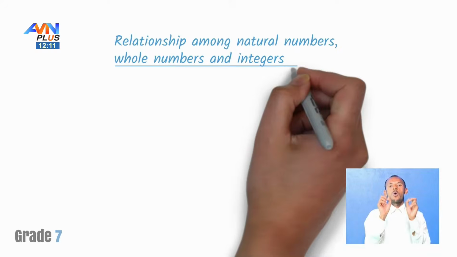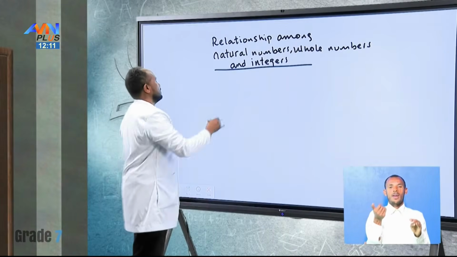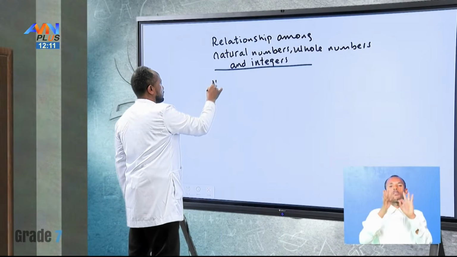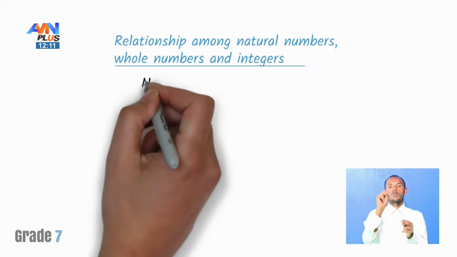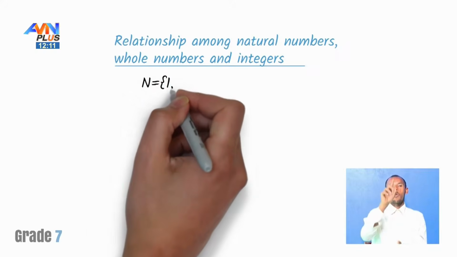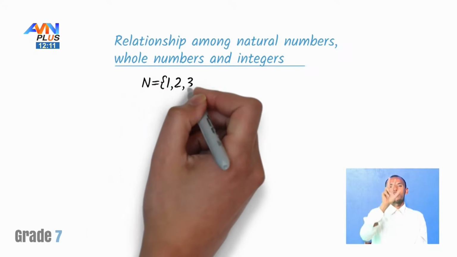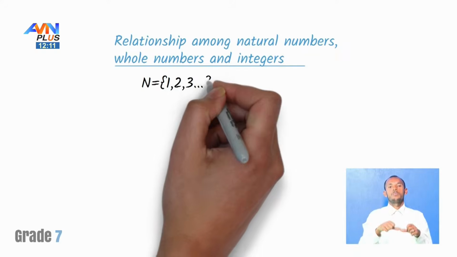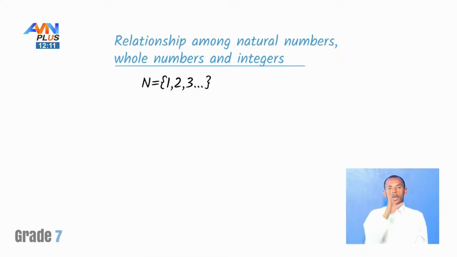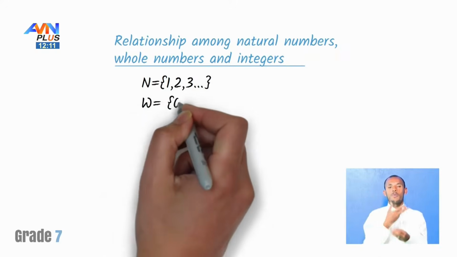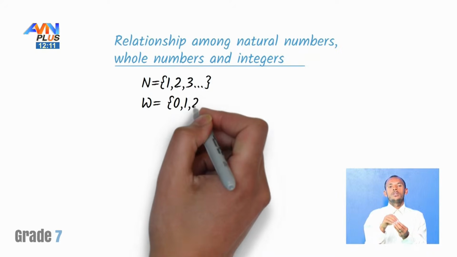Okay, earlier we defined the set of natural numbers containing the numbers 1, 2, 3, and so on. And we have also revised the set of whole numbers.